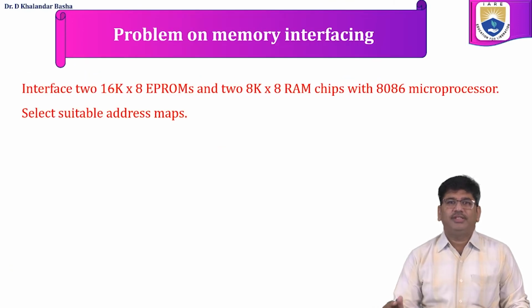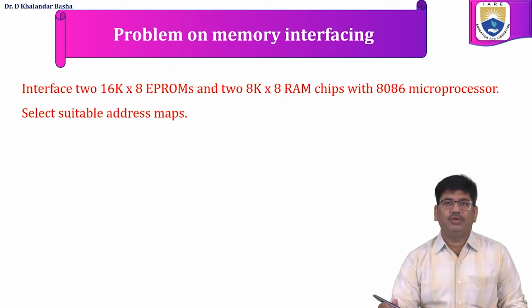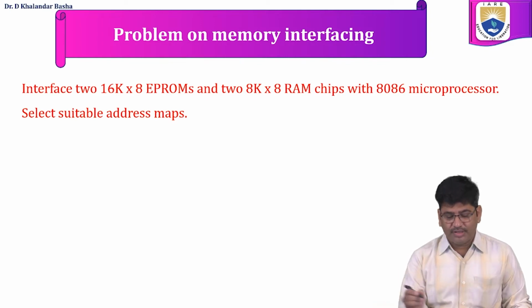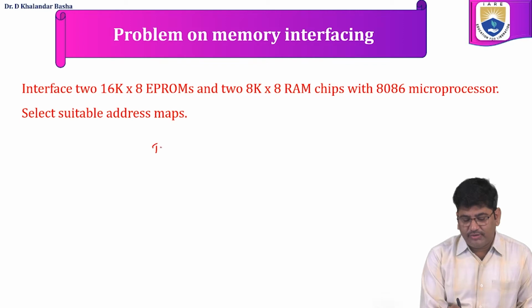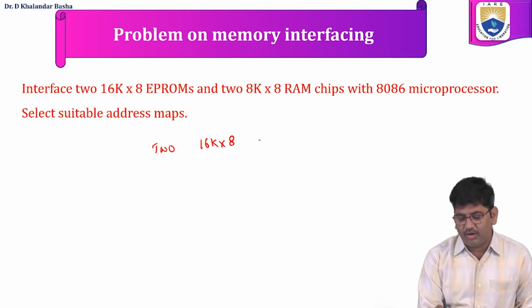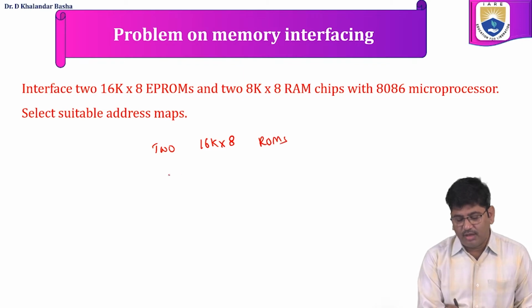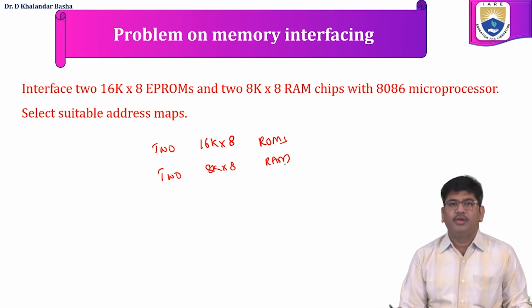The problem statement is to interface two 16K by 8 EPROMs and two 8K by 8 RAM chips with the 8086 microprocessor. Select suitable address maps. So in the problem statement, we are given two 16K by 8 ROMs and two 8K by 8 RAMs.